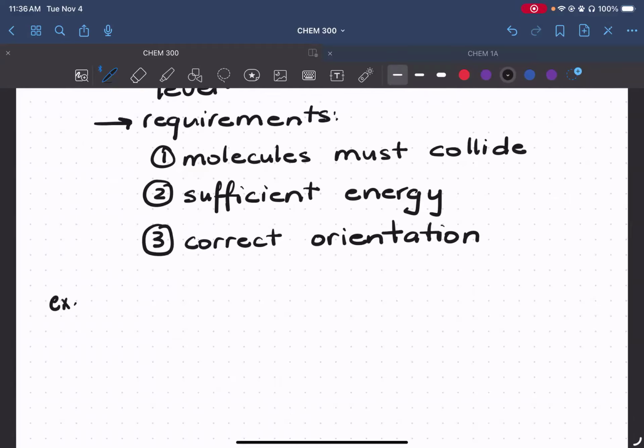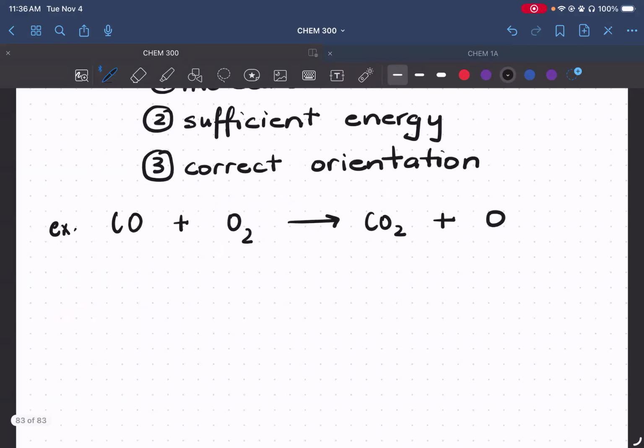Well, if we take, for example, a popular reaction, the reaction between carbon monoxide and oxygen to form carbon dioxide and just a plain oxygen, we can understand a little bit more about this idea of orientation.